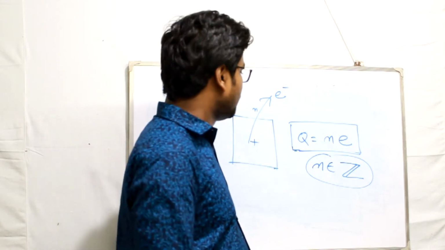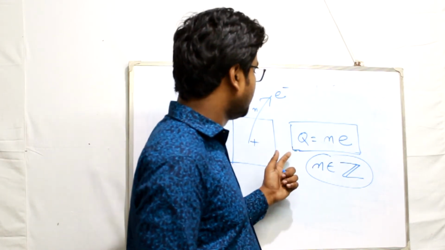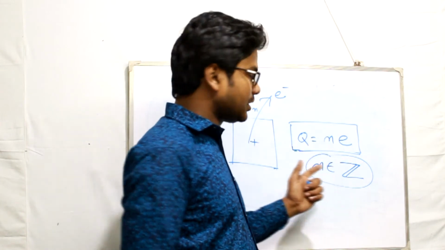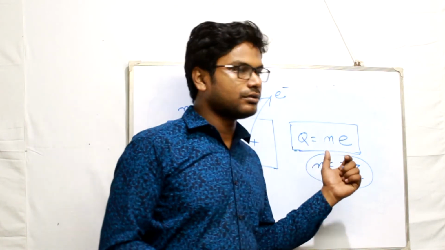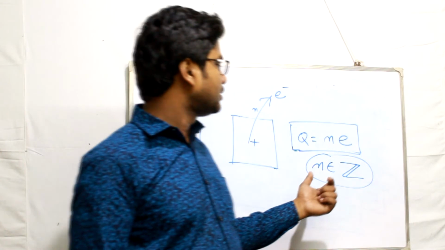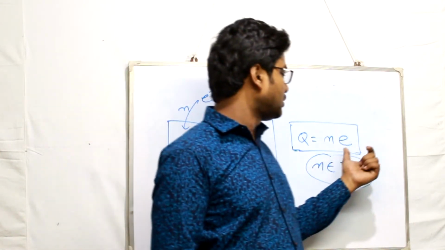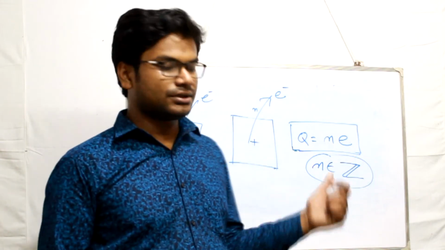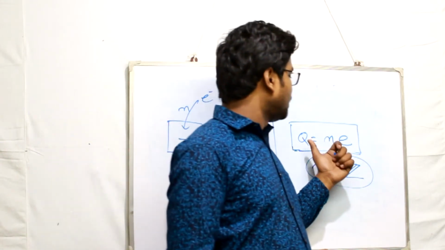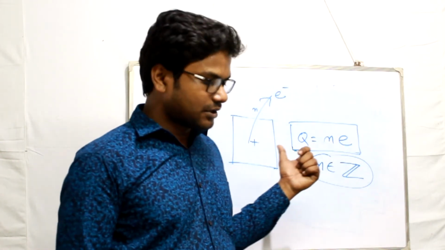That is why we call this quantization of charge. No matter what the amount of charge is, it should always be an integral multiple of one electronic charge. That is the statement of quantization of charge.